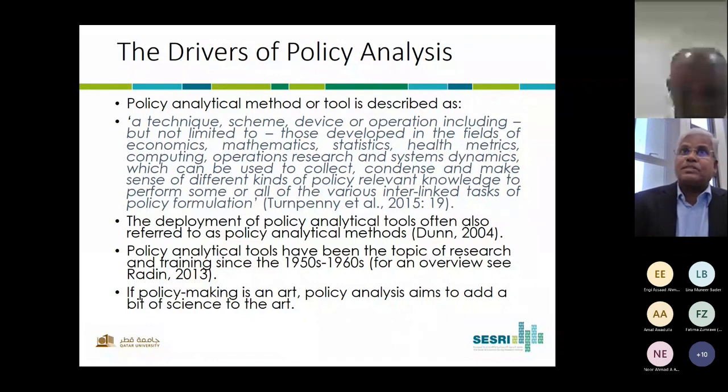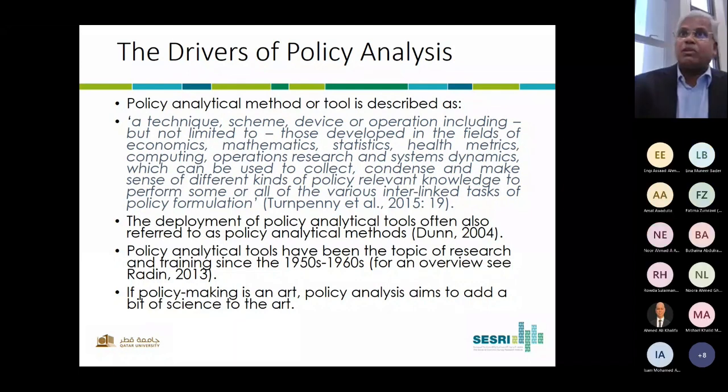There could be more disciplines, but these are important disciplines that have contributed to the methods and tools of policy analysis, which can be used to collect, condense, and make sense of different kinds of policy relevant knowledge to perform some or all of the various interlinked tasks of policy formulation, a definition given by Turnpenny in 2015.